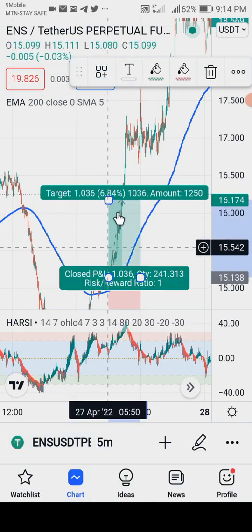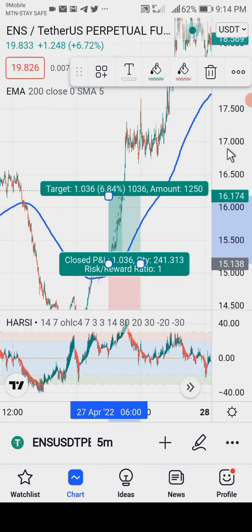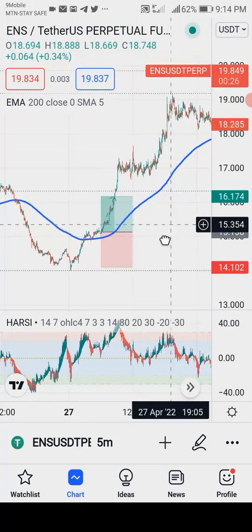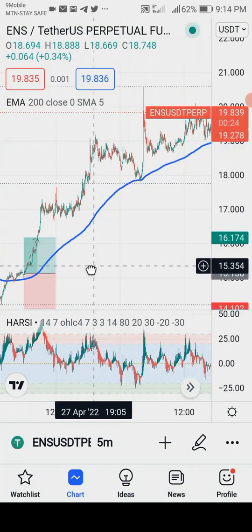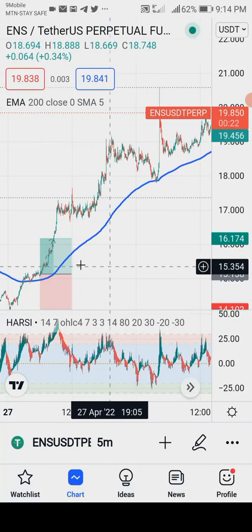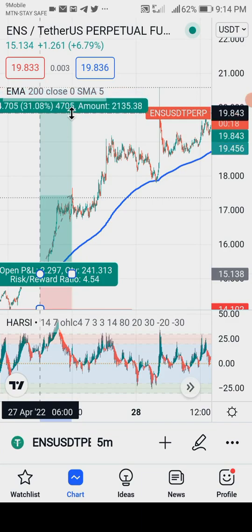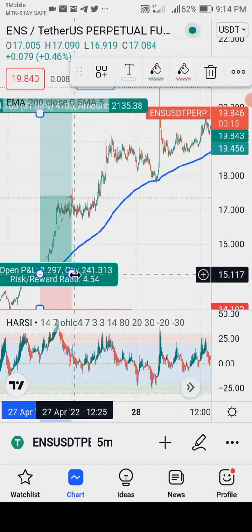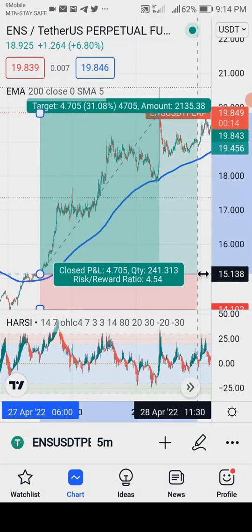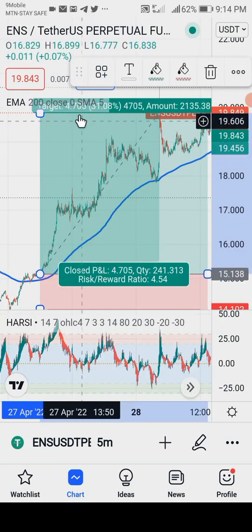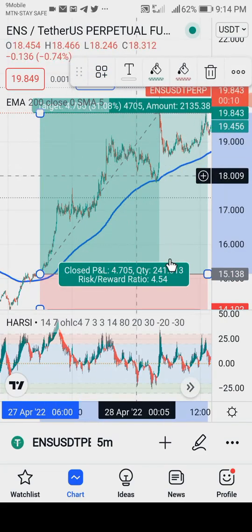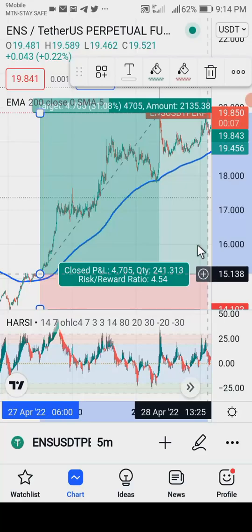From here, let me adjust the chart. So let's see. You see the chart even keeps going upward. So let's just assume, let's take it like this. So see, we would have made 31.08% just for a day trade.